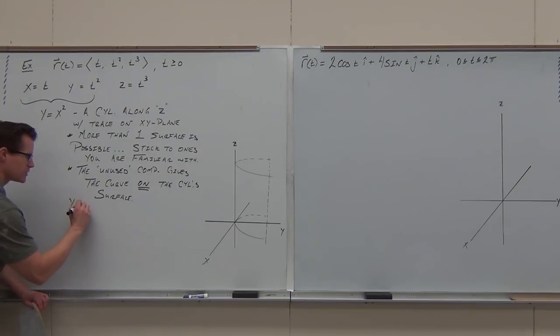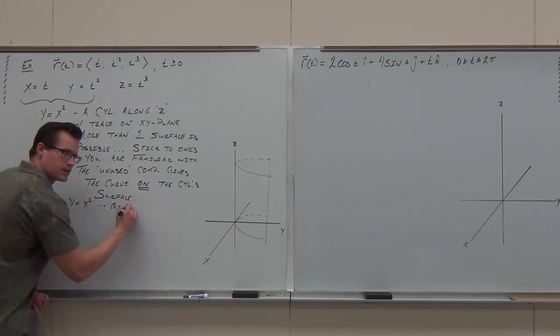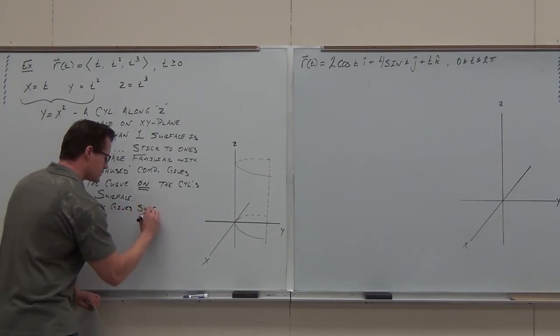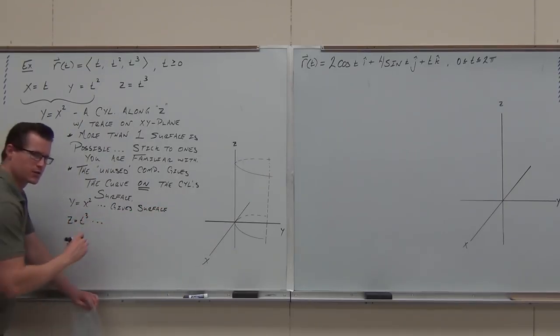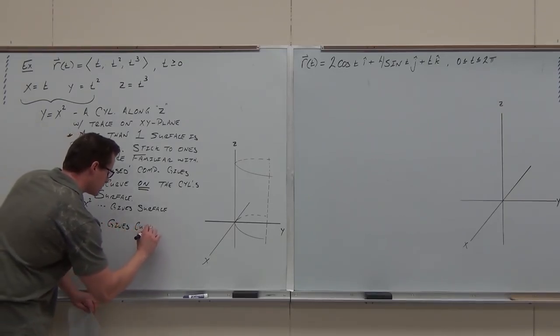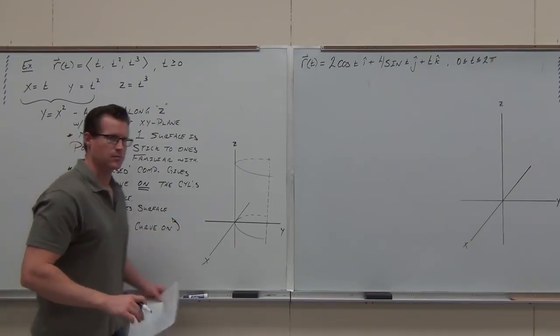If you need it even more explicit, this gives the cylinder or the surface, this is going to give you the curve. How?